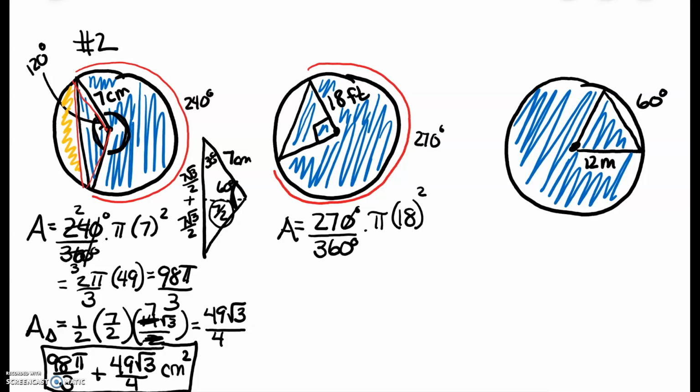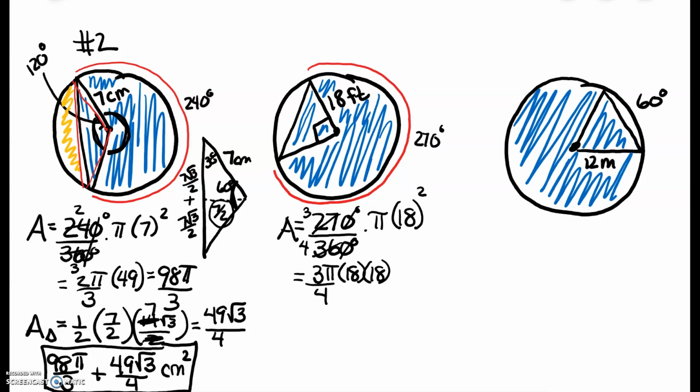All right, so when I reduce, my zeros reduce out, and the largest number that goes into 27 and 36 is 9, so I get 3 pi over 4. Now 18 times 18, I know what that is, but I believe this might be a little bit easier if we reduce this way.